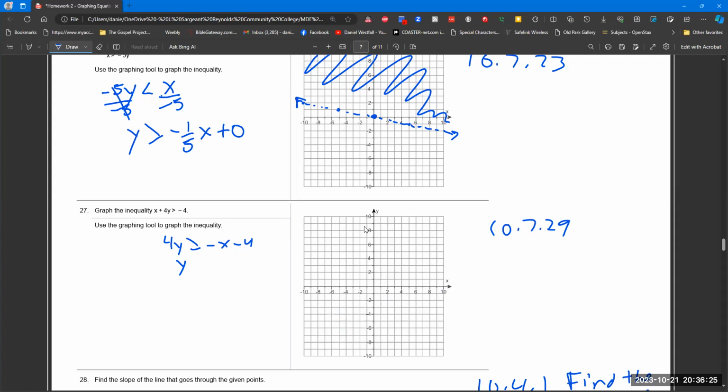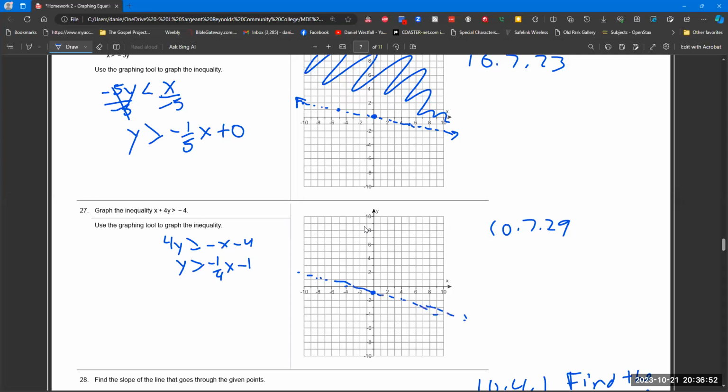That's why I double check myself. So my y-intercept is a -1. I put it on the wrong side of 0, I'm sorry. Down 1, right 4, up 1, left 4, broken boundary line.